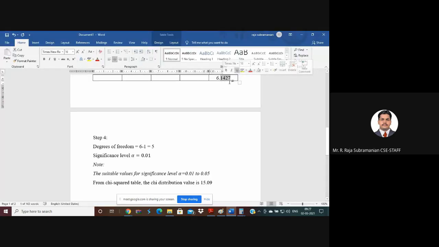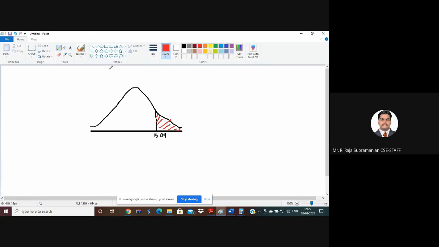Right, now you say, the value we obtained, the calculated chi-squared value, is 6.1427. So where does 6.1427 lie, in the right hand side or in the left hand side? Whether it will lie in the white region or in the red region. 15.09 is actually the separator.